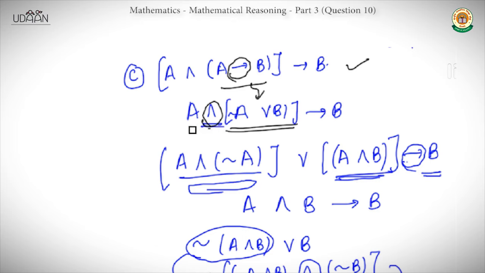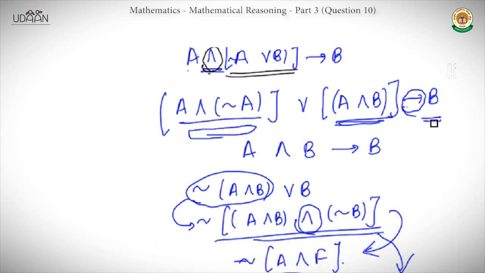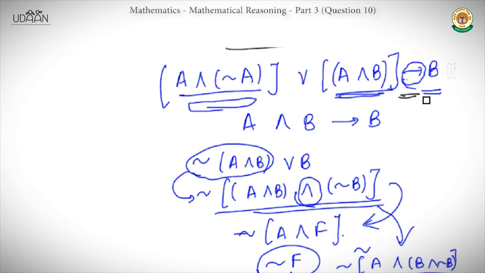So what we did is we got the OR in both of them, for example A and not of A. Again, we distributed it. Now again we have an implies over here, so our main task would be to break the implies further. So from here we moved on to not of (A and B) or B. Then we took the not common.